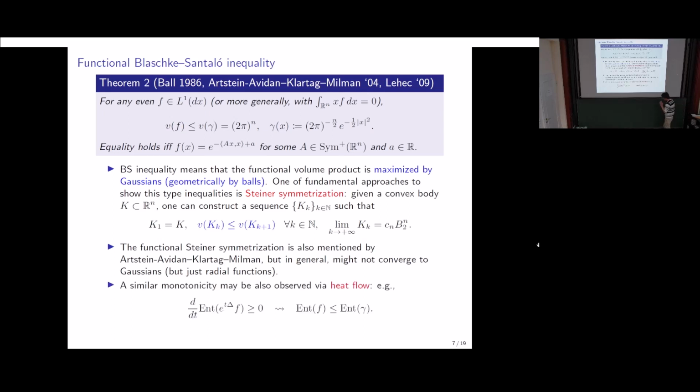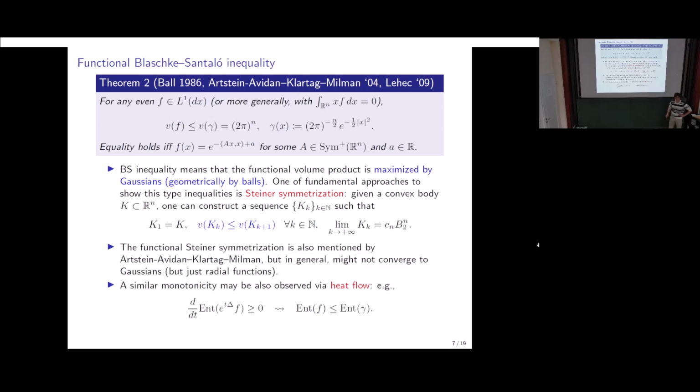As another observation, from another point of view, we may consider similar monotonicity, for example by using the heat flow. For example, if we consider the Shannon entropy, we don't give a precise definition here, but it is well known that the entropy is monotone along the heat flow. As a result, you can obtain Shannon's entropy inequality.